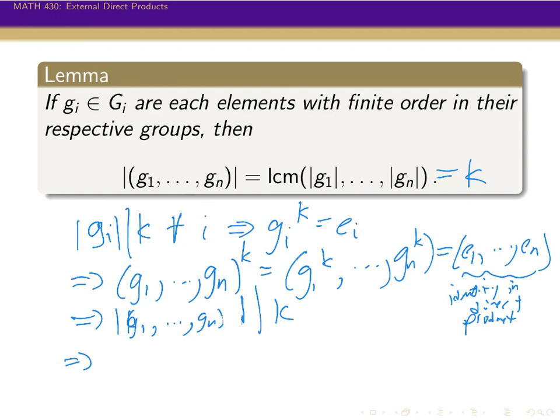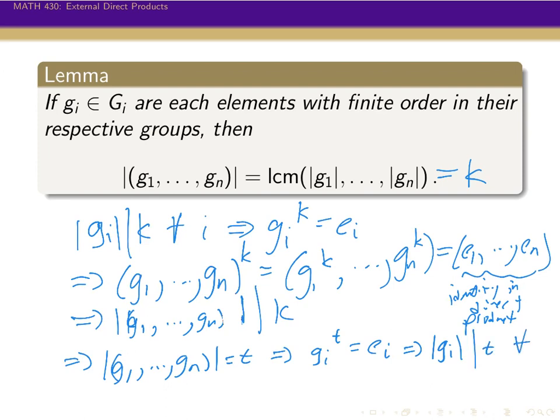On the other hand, let's let the order of the element in the direct product be T. This means that g_i to the T is equal to the identity for the group big G_i, and so this implies that the order of g_i divides T for all i.